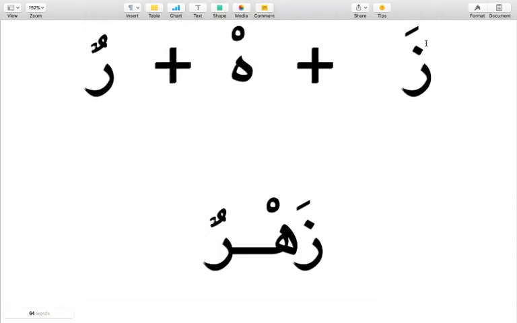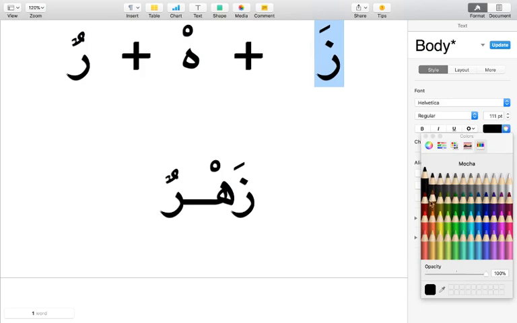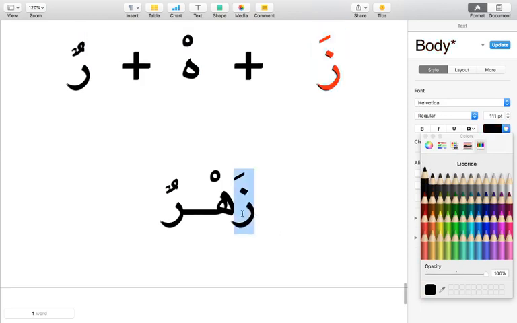That's better. Let's change some of the colors. I'll put that into red, and this one I'll put into blue. We'll have a look at how ha changes as well.